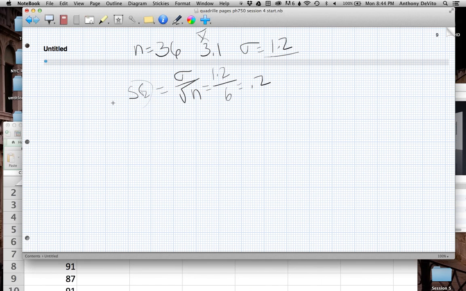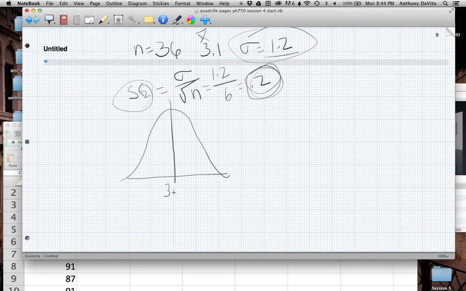Okay, so that's our standard error. The population standard deviation is bigger than the standard error, the standard deviation of the distribution of the samples, because the distribution of these samples of size 36 is going to be narrower than the population distribution. Okay, so now if that's true, let me draw a distribution here.